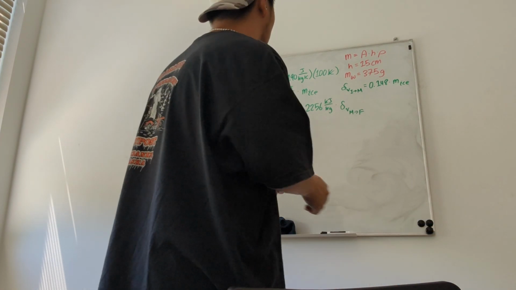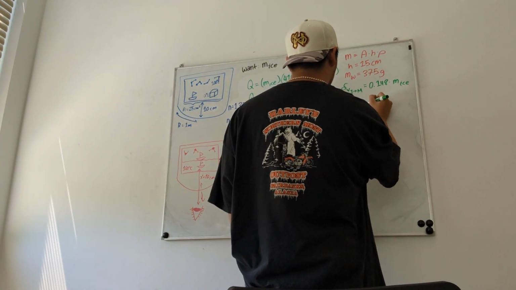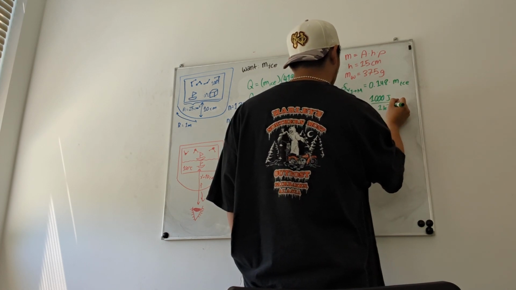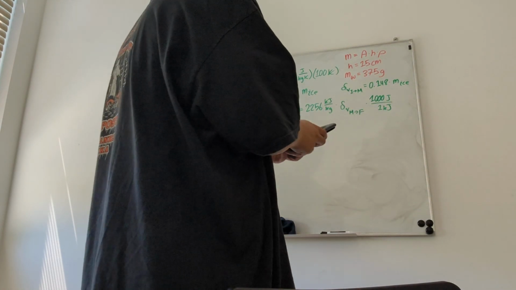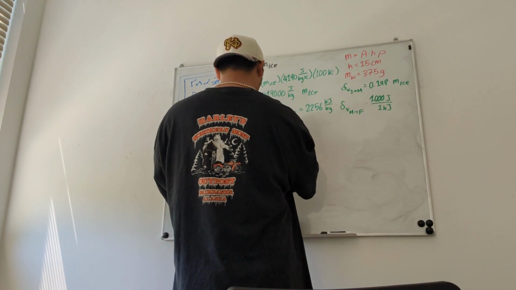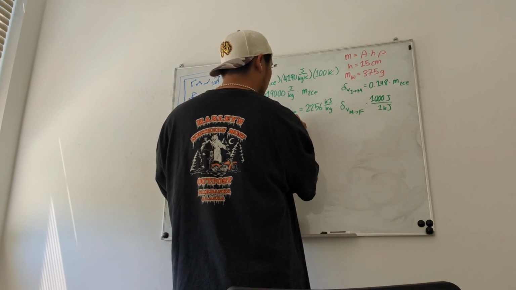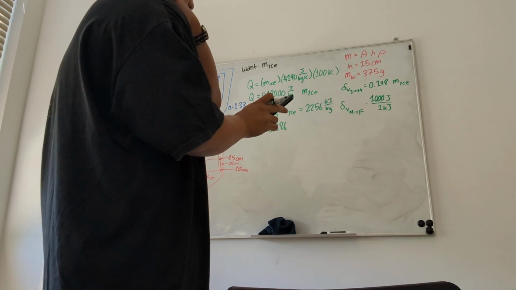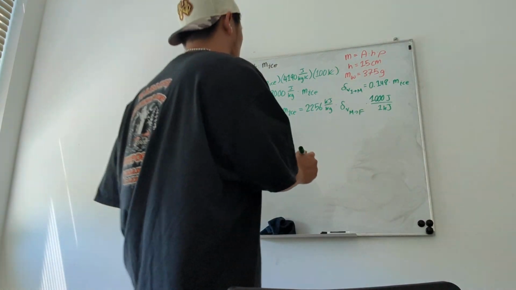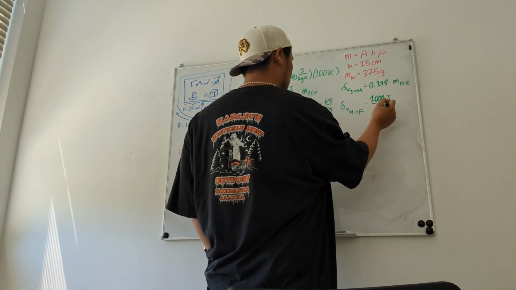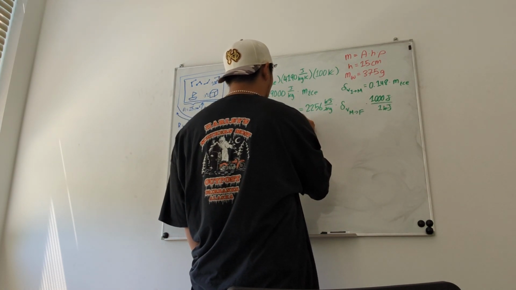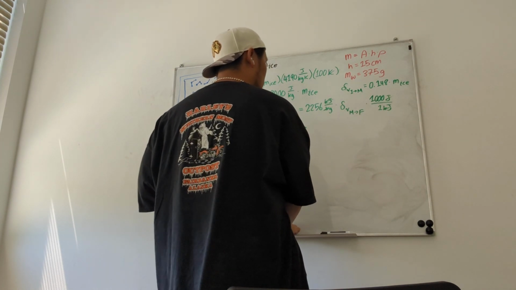Oh, wait, I need to multiply 2256 by 1,000 to convert from kilojoules to joules. What we're left with is 0.186. So that's just 0.186 times whatever mass of ice we have.